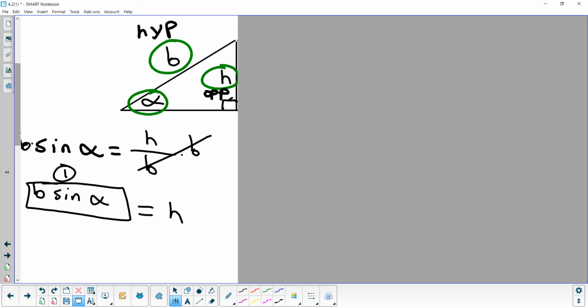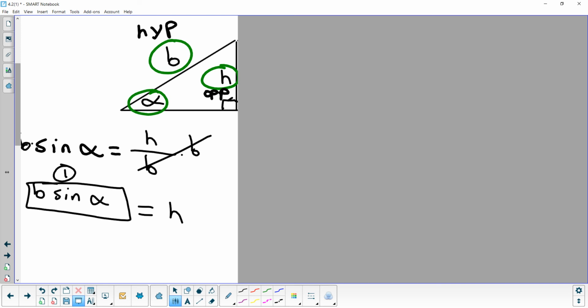How do you know when to use sine and then when you multiply? So because of the two sides that I circled and their names were opposite and hypotenuse, that tells you that it has to be sine, because cosine would have been if I had adjacent and hypotenuse, which I don't, and tangent would have been opposite and adjacent, which I don't have.